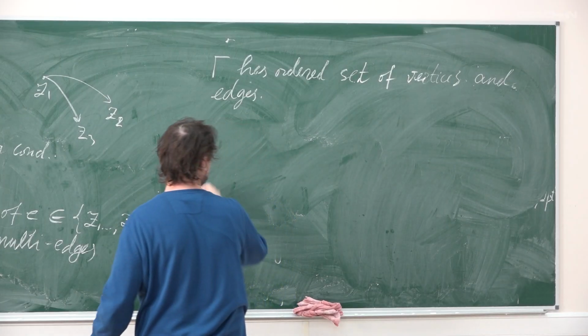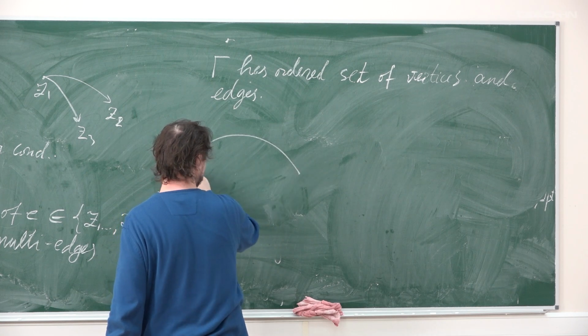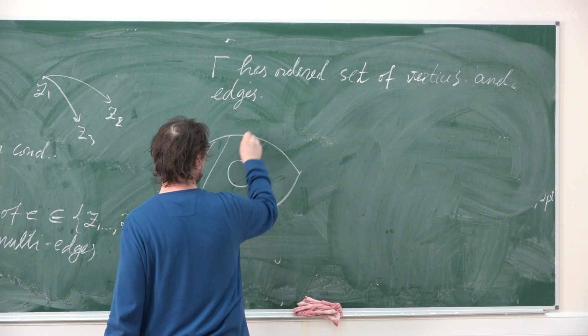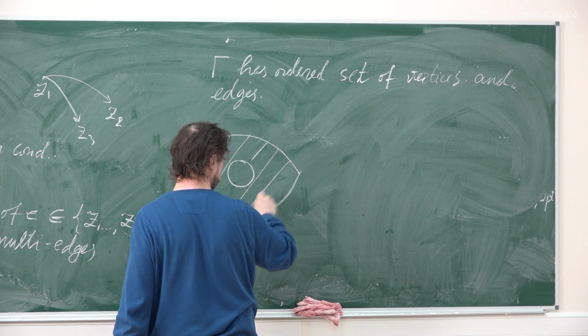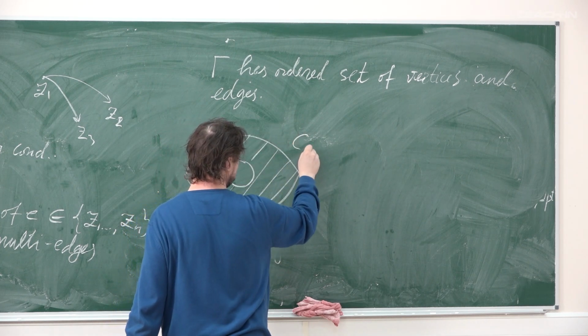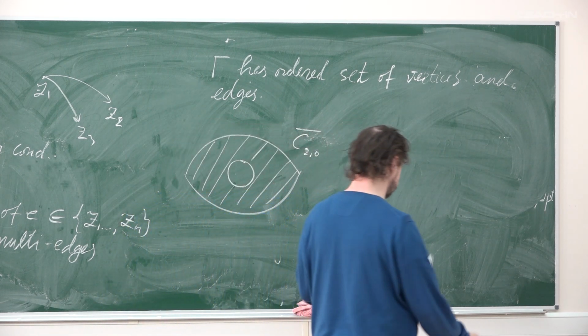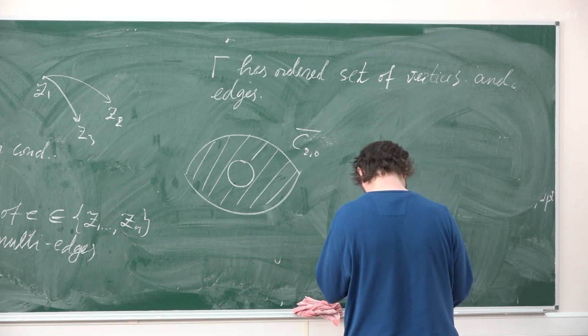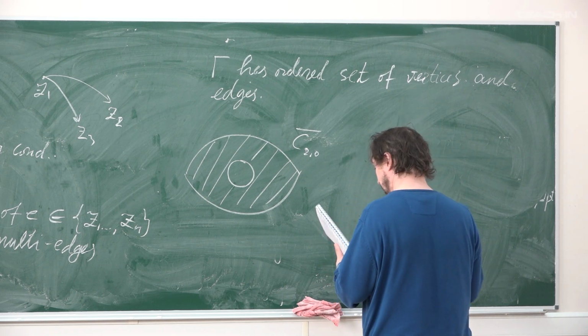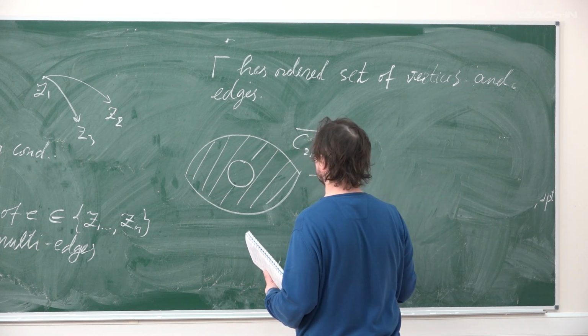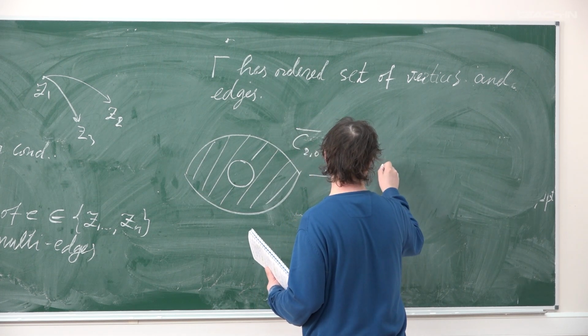Then I do the following thing. I consider this set C2 0 bar, and fix a map phi from this set to S1.